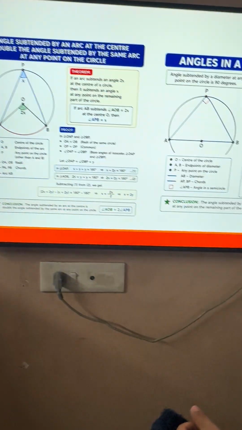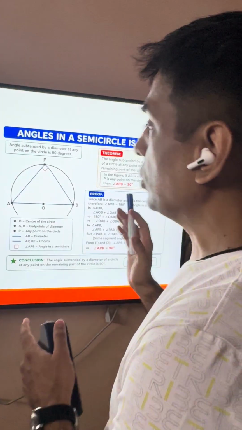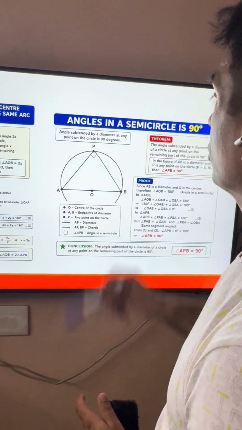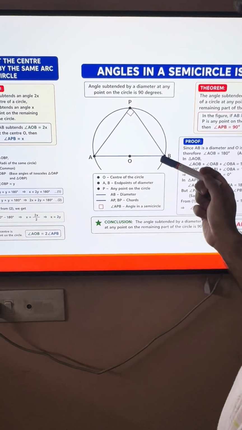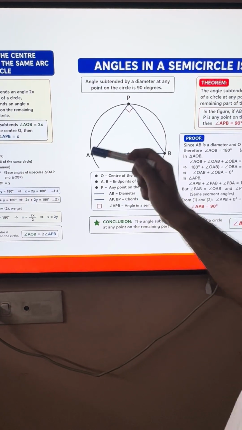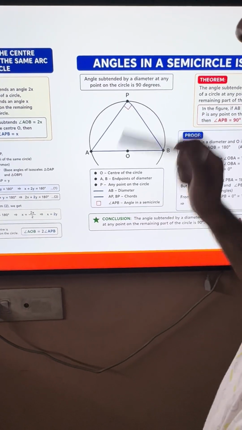Now, the angle in a semicircle is 90 degrees. This is very interesting, and trust me, in most sums you need to apply this theorem. As it says, with the diameter, this part is the semicircle, so the angle at any point on the circle will always be 90 degrees, and it stays valid for any diameter.